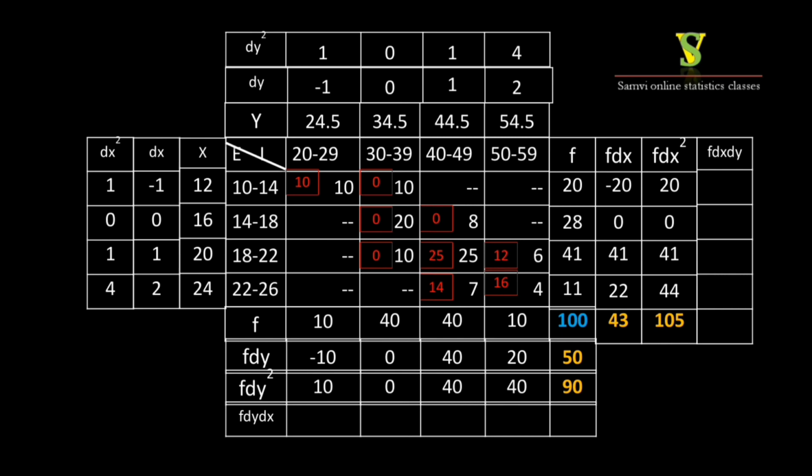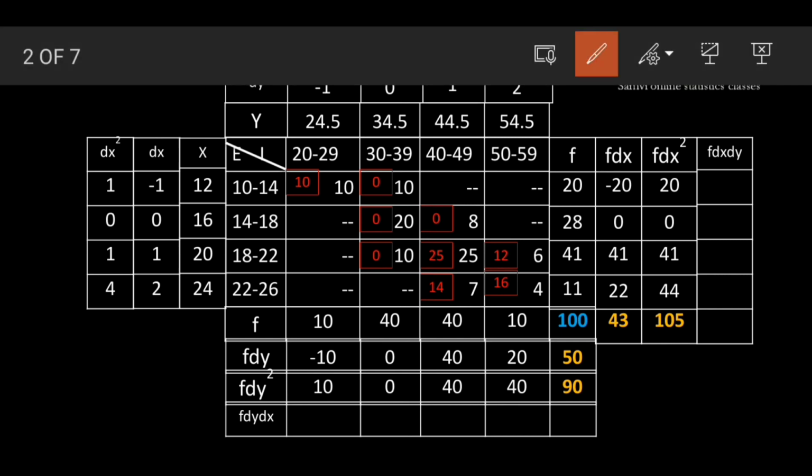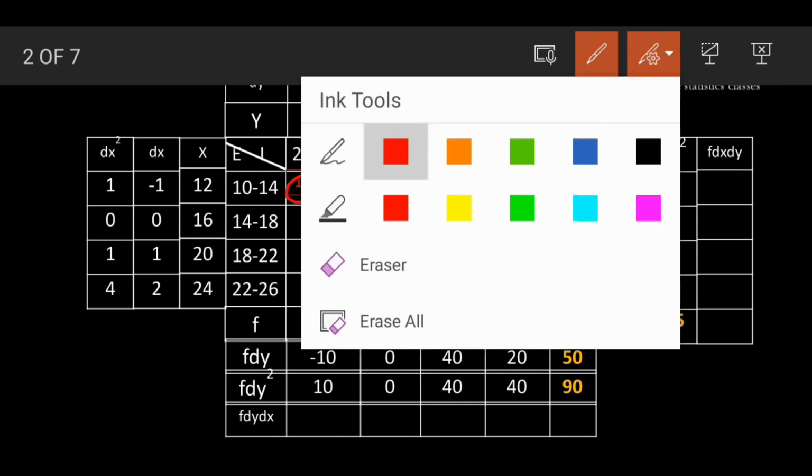Now you have to take the row wise and column wise total. So how to take the total here? Like this you have to find out the total here.